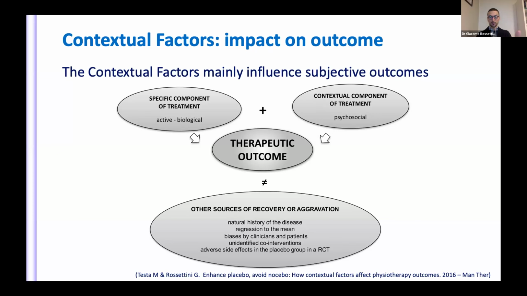And examples are presented in this image, such as the natural history of the disease that can explain the fluctuation of symptoms, the regression towards the mean, which represents a statistical phenomenon, the bias of judgment and reasoning of clinicians and patients who very often are led to overestimate the results, or the unidentified co-intervention, as in the case of patients with sciatica who undergo manual therapy and concomitantly receive cortisone.